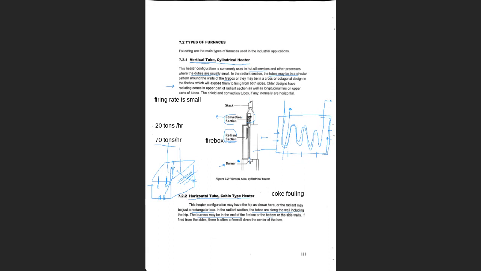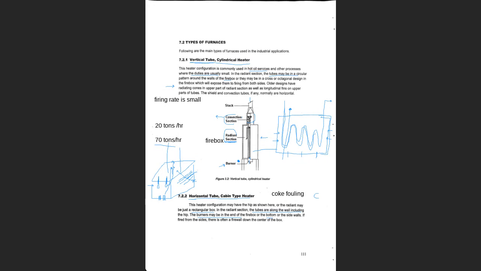We said that one of the most common problems in heat exchangers is fouling, when the tubes or the exchanger gets very dirty. And we have seen that there are different types of fouling, and one of them is known as coke fouling. هذا الكوك يا اخوان عباره عن الترسب. جميل. Coke is basically carbon.